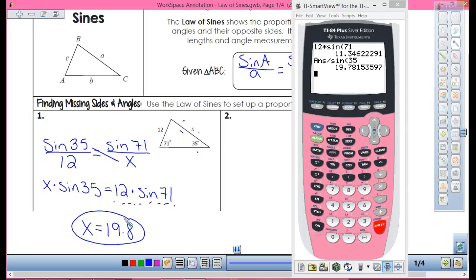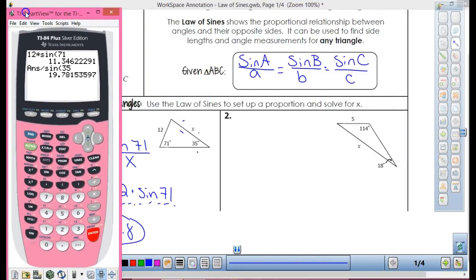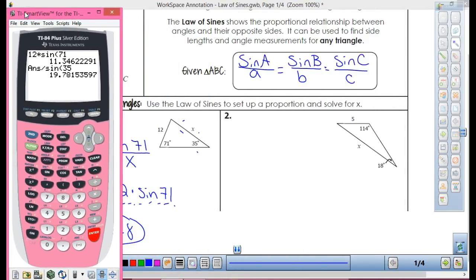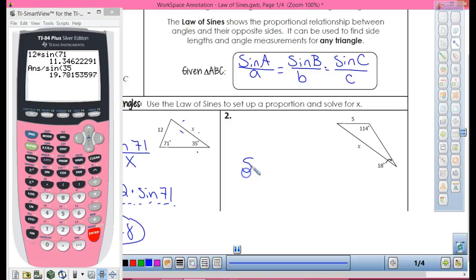Okay, so not so horrible, right? All right, so go over there. All right, so the two angles I have, are those the sides that I want? Yes. All right, so sine of 18 over what's my opposite side? 5 equals sine of 14 over x.